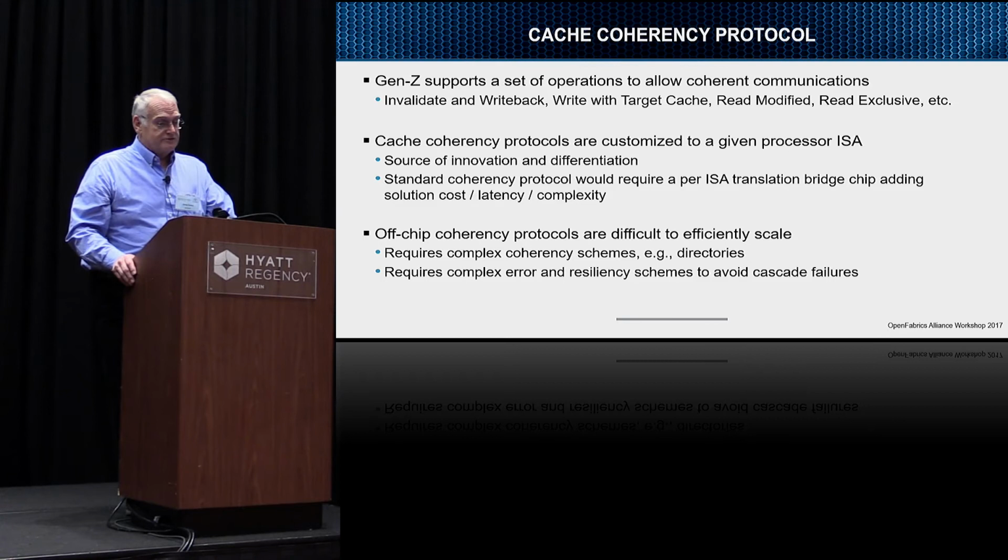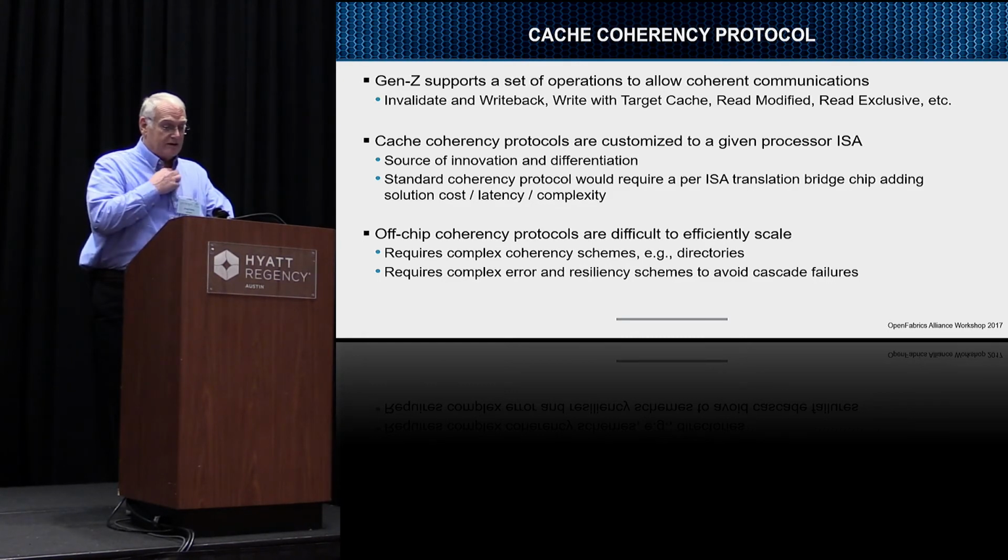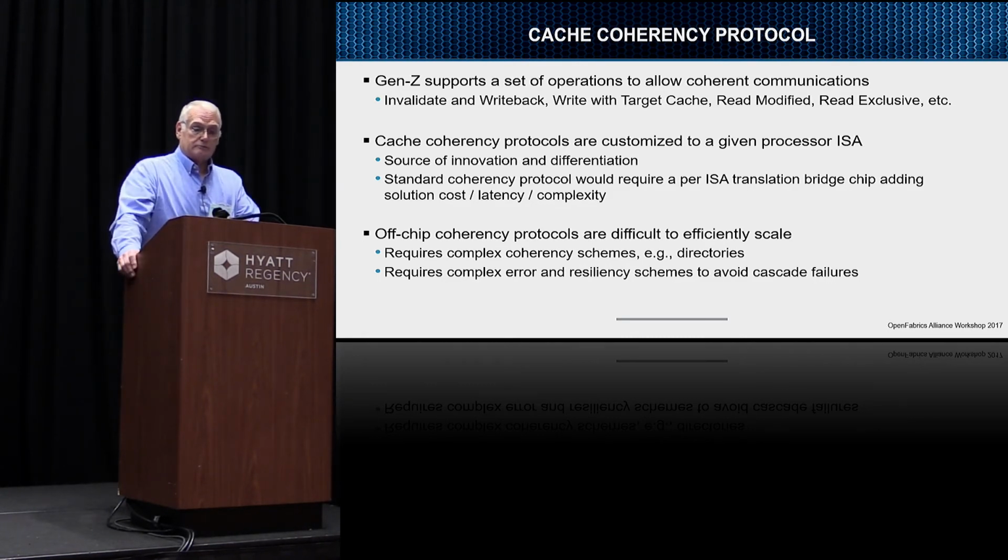We talked earlier that Gen-Z supports a set of operations to allow cache coherency. Some examples of those instructions are invalidates, write-backs, write with target cache, read modify, read exclusive, etc. We believe cache coherency protocols are customized to a given processor ISA. It's going to be tough to have brand x86 be cache coherent with brand Power 9.